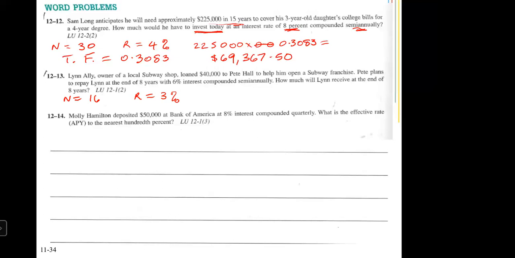All right. So this time we are dealing with future value, so we need to look in the future value table and not the present value table. And remember, the future value table values all start with 1 or more. So we're looking for 16 periods at 3%.